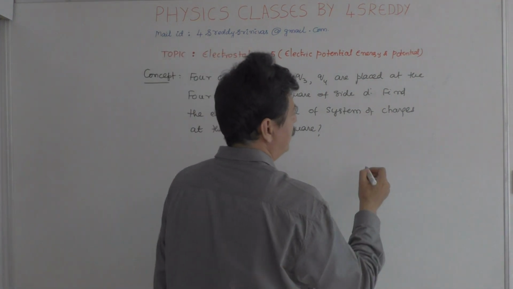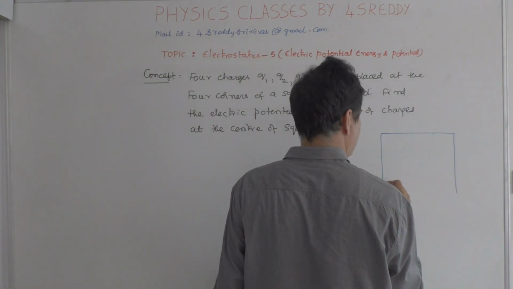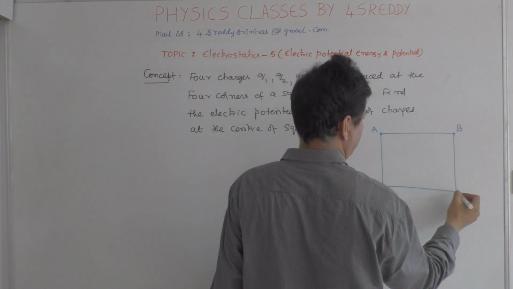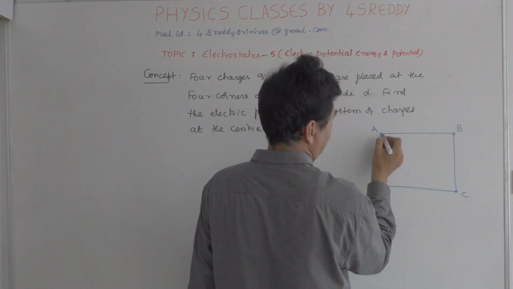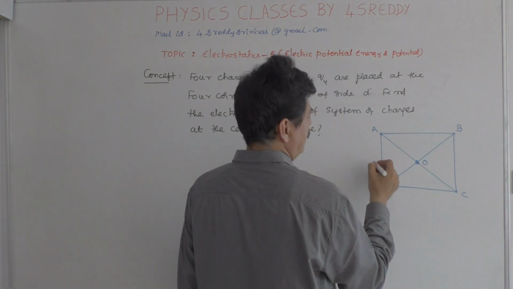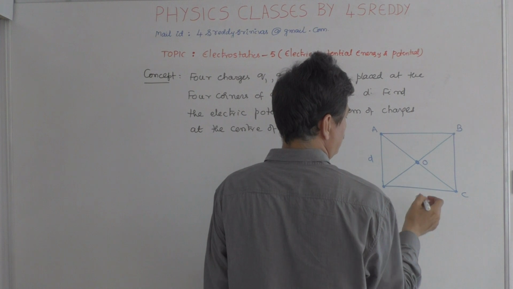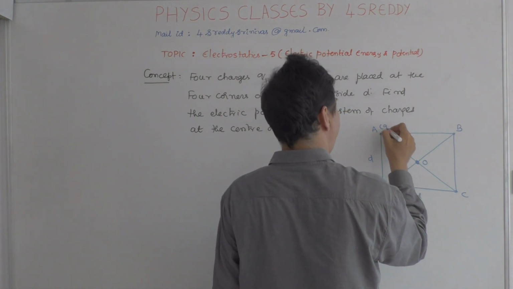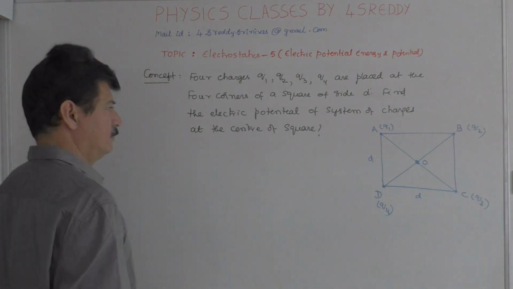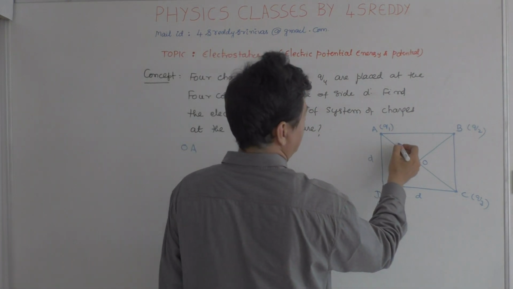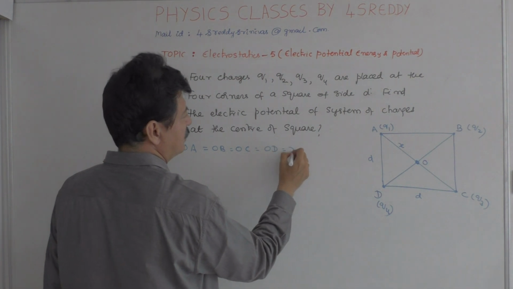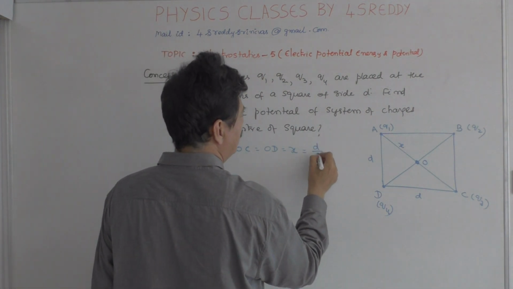In that case, here also the same point here. Now here also OA, we can write this as X. OA is equal to OB is equal to OC is equal to OD is equal to X, which is nothing but D by root 2.